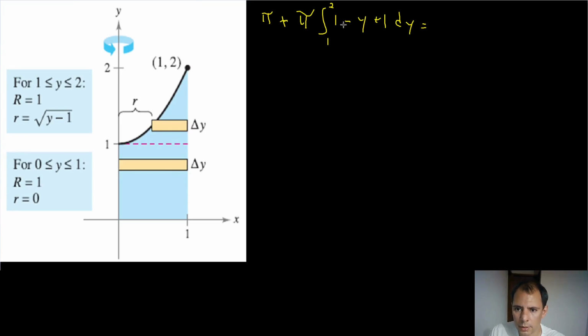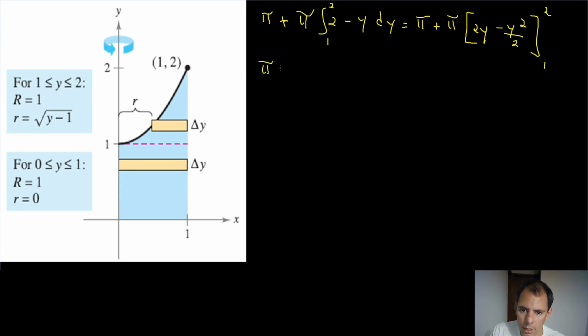I'm going to erase this thing, bring this over, and here's a 2. So it'll be pi plus pi times 2y minus y squared divided by 2, from 1 to 2.